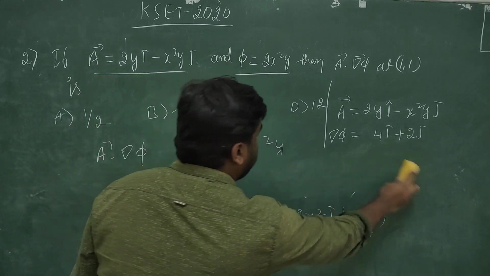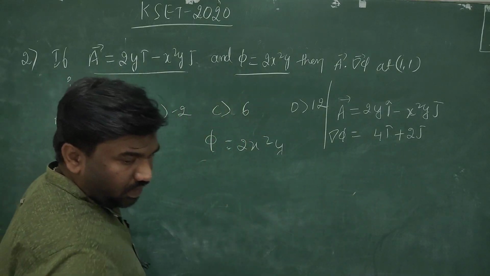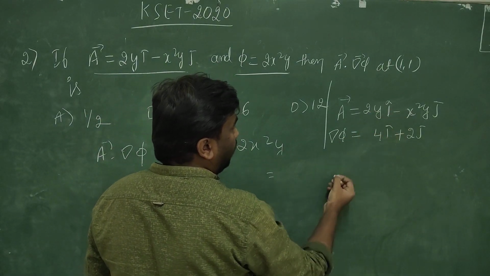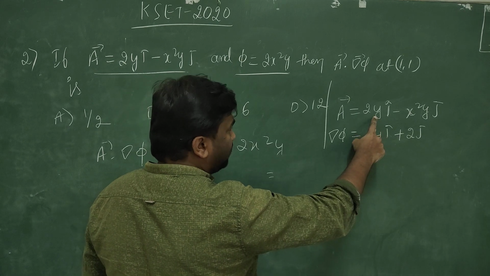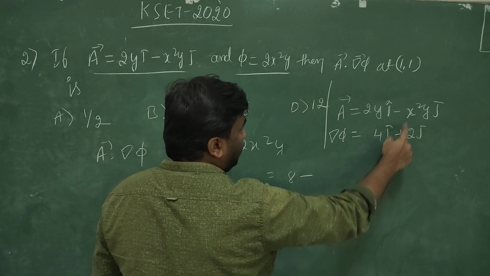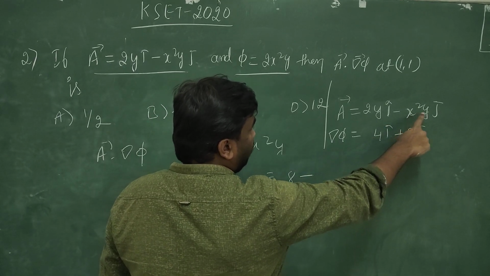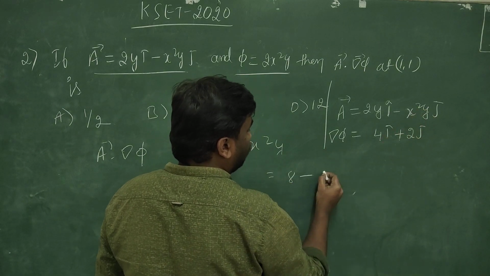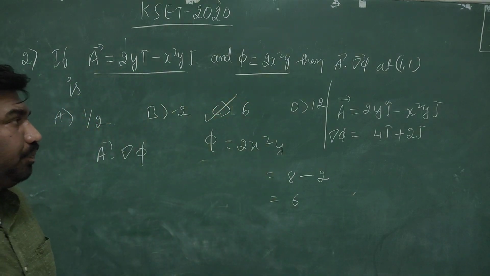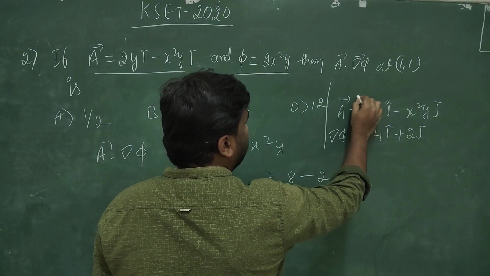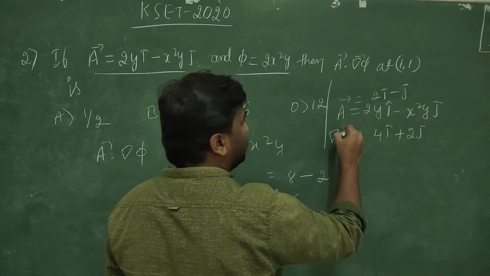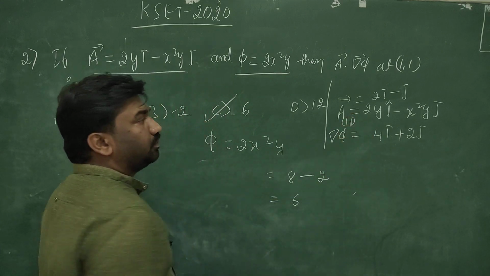Then the dot product gives I into I, at y is equal to 1 and x is equal to 1, so it is 2, 4 2s are 8, minus into minus x is equal to 1, y is equal to 1, so this is 1, 2 1s are 2, so 6. Option C is correct because this is 2 I cap minus j cap at x is equal to 1 and y is equal to 1.